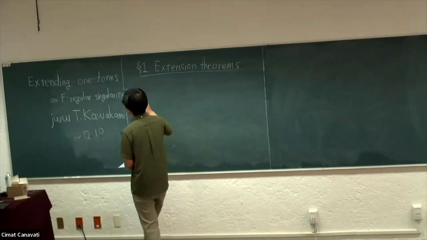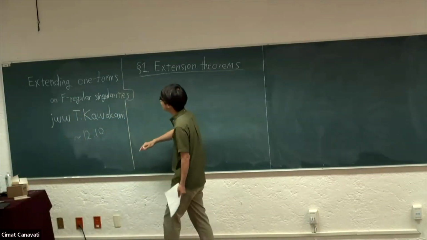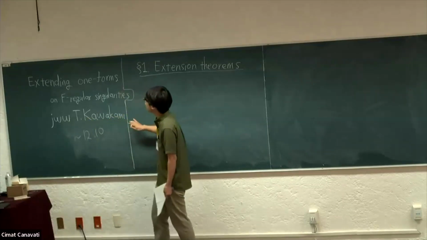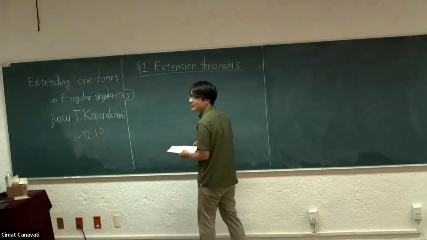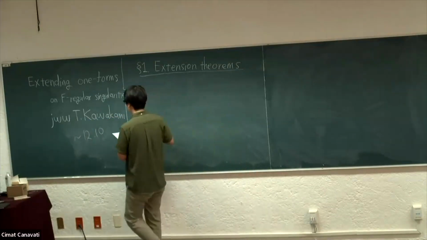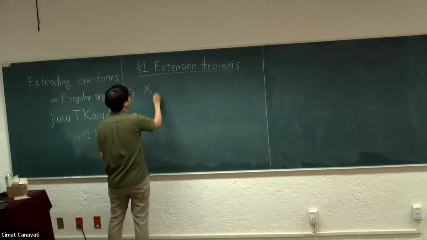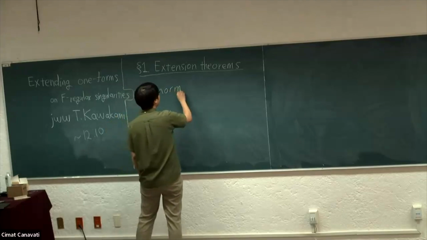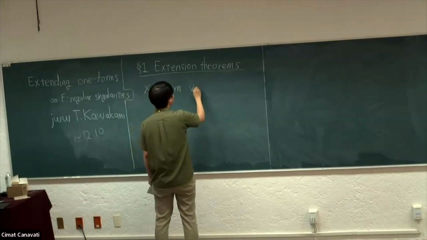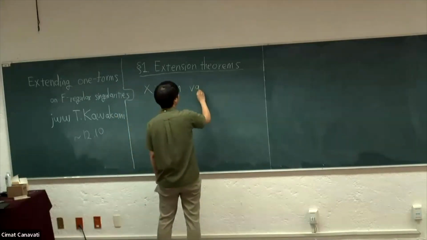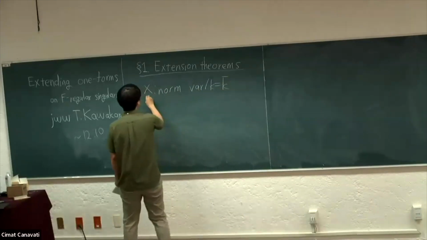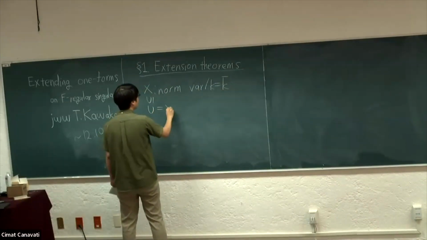This work is joint work with Tatsuro Kawakami about extending the extension theorem to positive characteristic. So I will explain the extension theorem. Let me start from the setting. Let us assume that X is a normal variety over a separably closed field, and U is its regular locus.